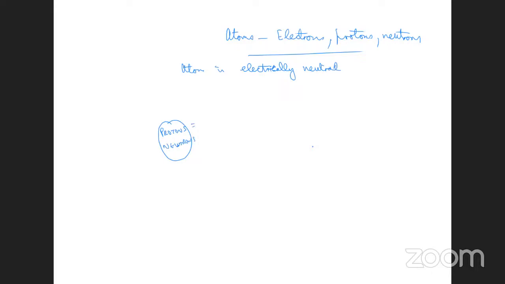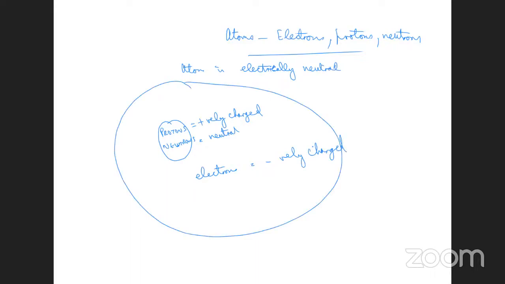Protons we consider positively charged, and neutrons are neutral, no charge, and electrons are negatively charged. So if an atom has the same number of electrons, these negatively charged electrons, and the same number of protons inside the nucleus, then it is electrically neutral.